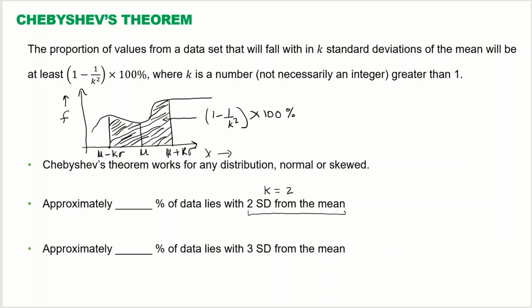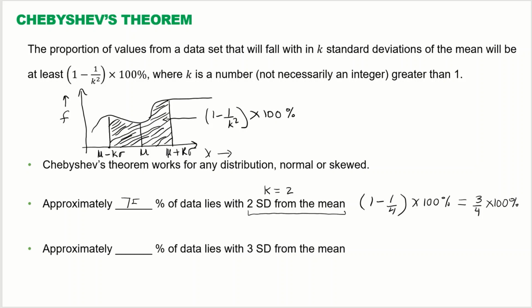We get 1 minus 1 over k squared, k is 2, so 2 squared is 4, times 100%, which is equal to 1 minus 1/4, which is 3/4, times 100%. That is 3/4 of 100%, which is 75%.